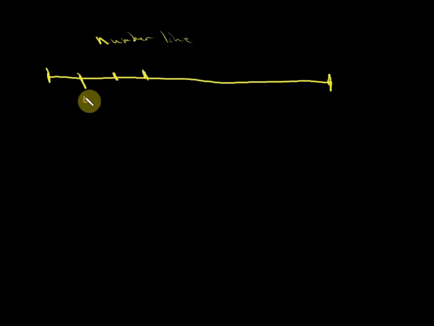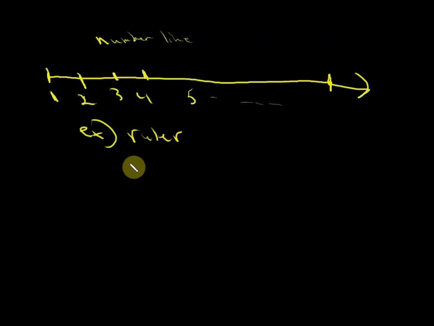So you can see, we'll start with 1, 2, 3, 4, 5, all just continuing forth. An example of a number line can be like a ruler or a measuring tape.